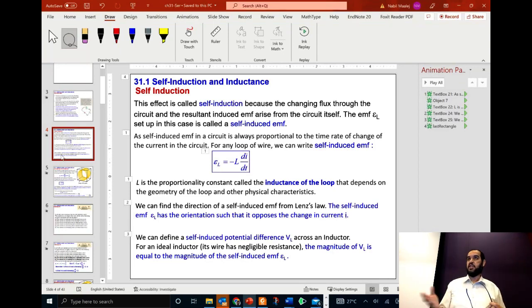This magnetic field changes the flux in the circuit, and so it will produce an EMF opposed to the change.